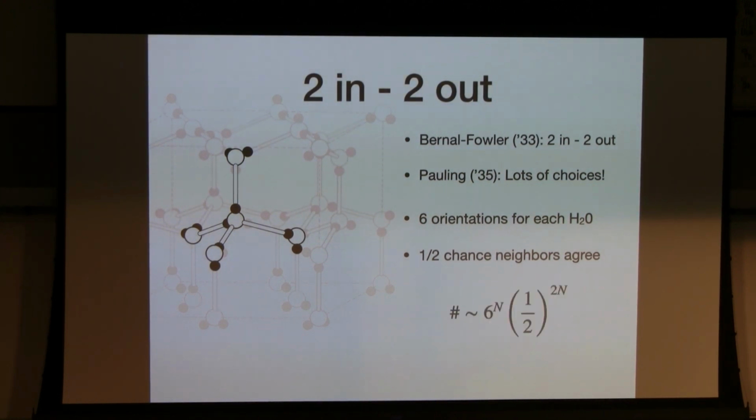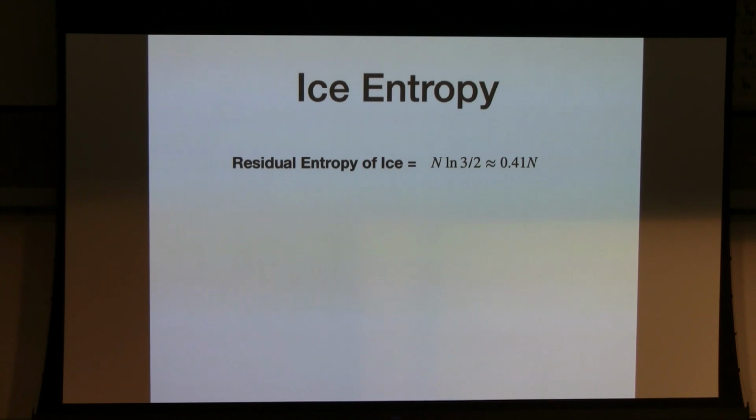From that estimate, we get 6 to the number of molecules times a half to the number of bonds, which is 2N, configurations. And so Pauling says we take a log of that and we get that the residual entropy of ice is N log 3/2. Which is pretty big.